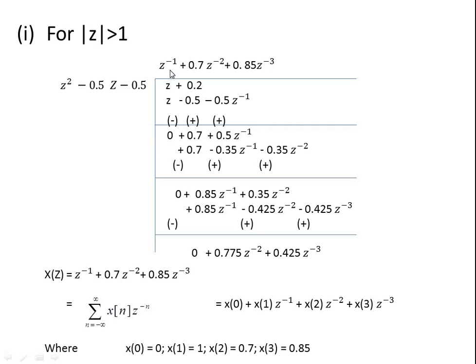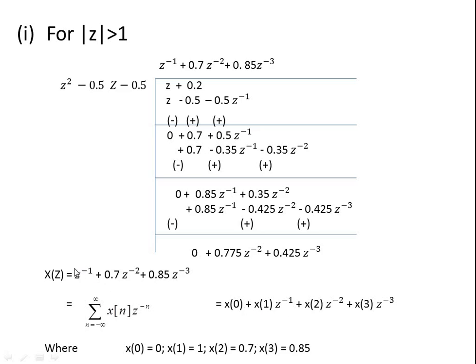We can write the quotient as x of z. It is in the formation of a general expression, x of z. From this expanded sequence we can directly write the x of n values. The coefficient of z inverse will be, if we expand this one, we will get this value, right? So we can compare this with x of z. Now we can pick up the values from this sequence for x of 0 till x of 3.